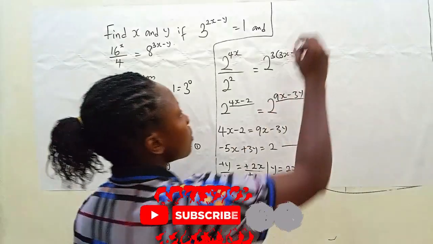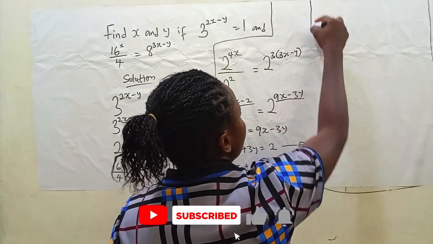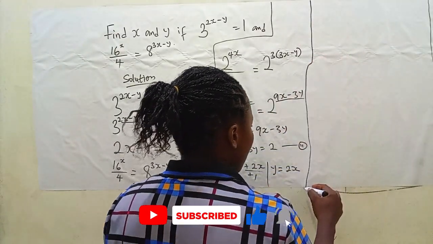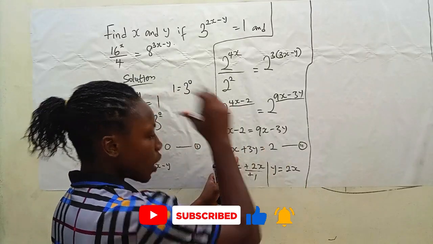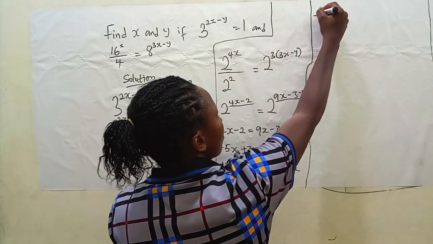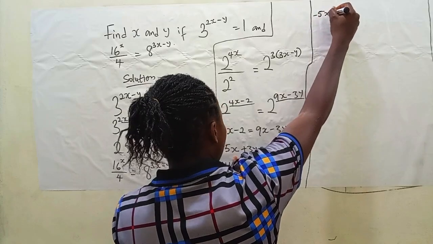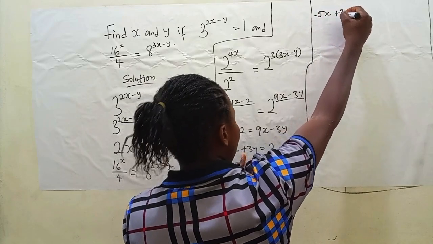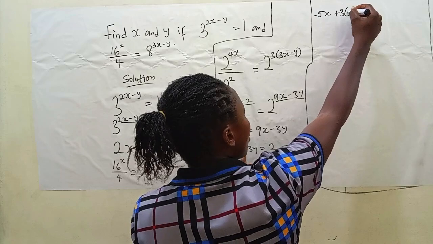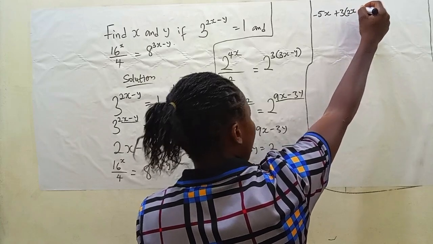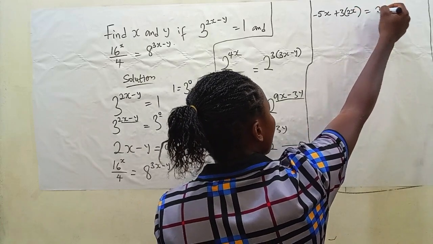All right, so let's go. Substituting for y in equation 2, we are going to have minus 5x plus 3, our y is what? 2x. All right, equals to 2.